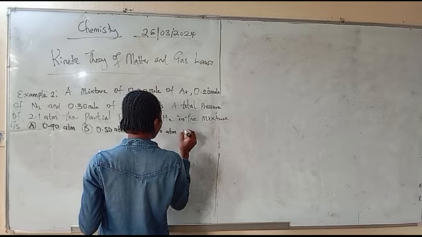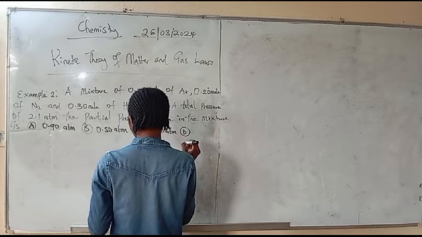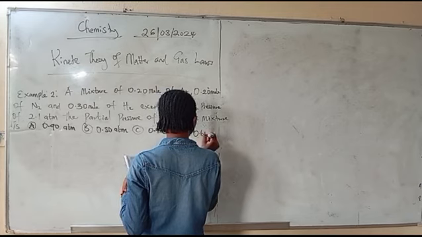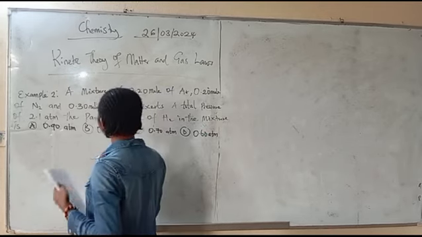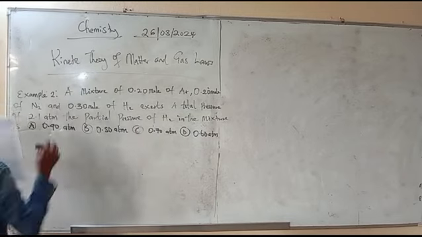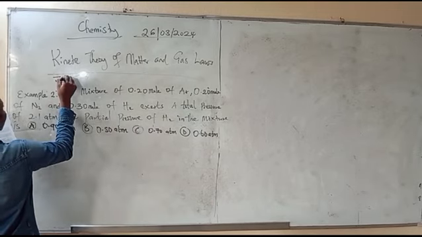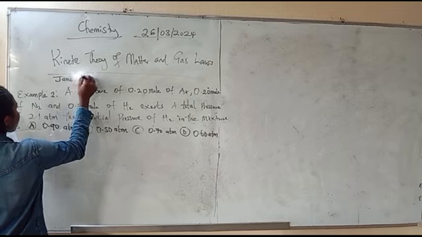The partial pressure of helium in the mixture is A, 0.90 atmosphere, B, 0.80 atmosphere, C, atmosphere, D, 0.60 atmosphere. Okay, let's solve this question.